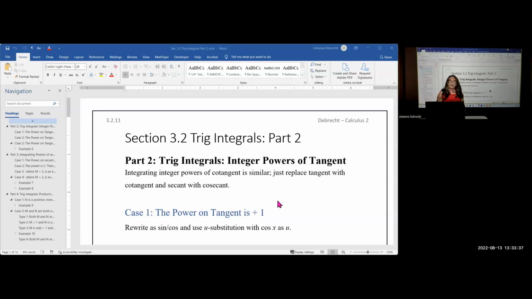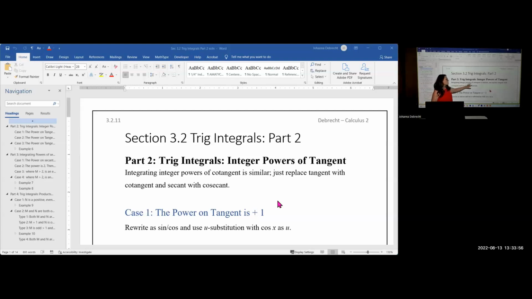You'll see that there are multiple parts and multiple cases. And within the cases, sometimes there are types. So yes, it's complicated. Trig integrals are difficult. There are so many different possibilities for how to integrate these. But we're going to start with powers of tangent.